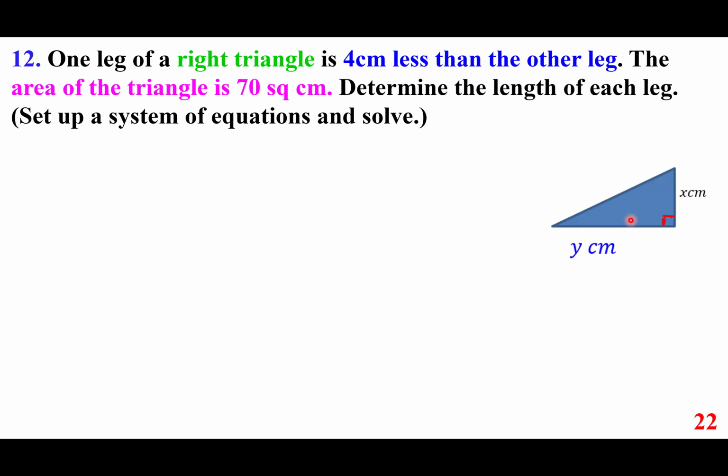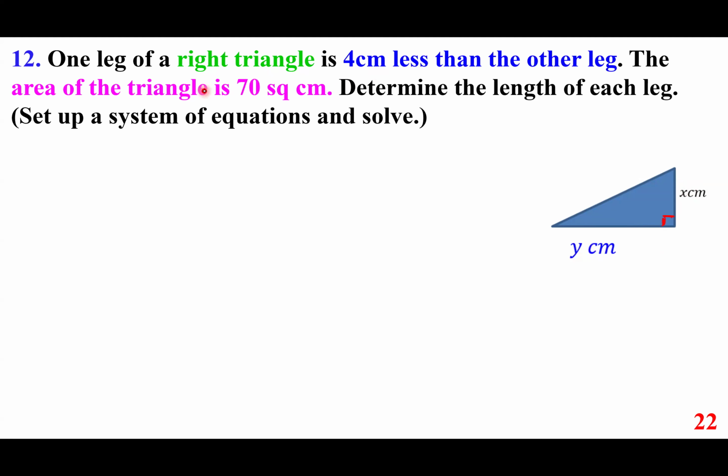Here are the legs. Let's call them x and y. One leg is 4 centimeters less than the other, so clearly x is smaller. So x is y minus 4.